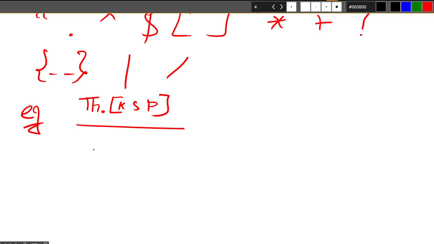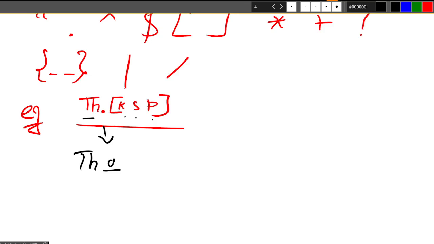So it means that there will be the two beginning characters T and H. Then you can have any character but not a newline character. And then you can have any one of these characters. So here you can have any character.